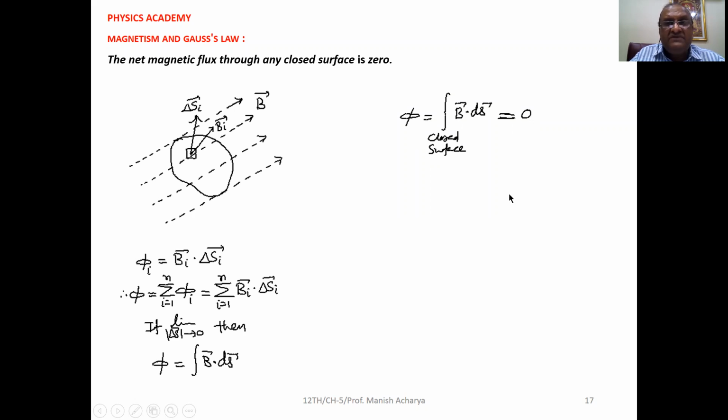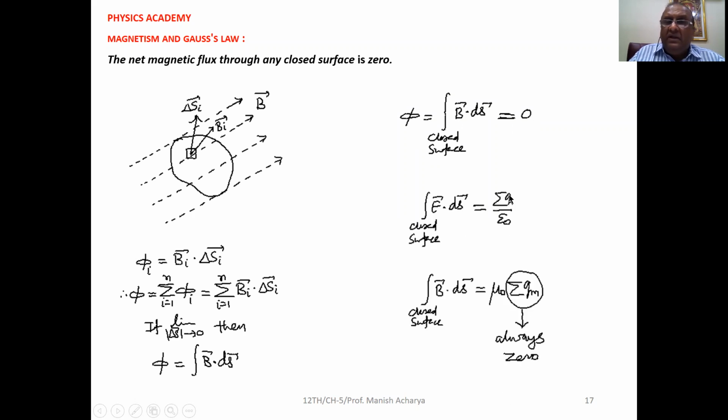Now as per Gauss's law, the flux passing through a closed surface is equal to 0. Now see here, for electric flux we discussed that the electric flux passing through any closed surface is equal to sigma q upon epsilon 0, where sigma q is the net charge enclosed by that closed surface.